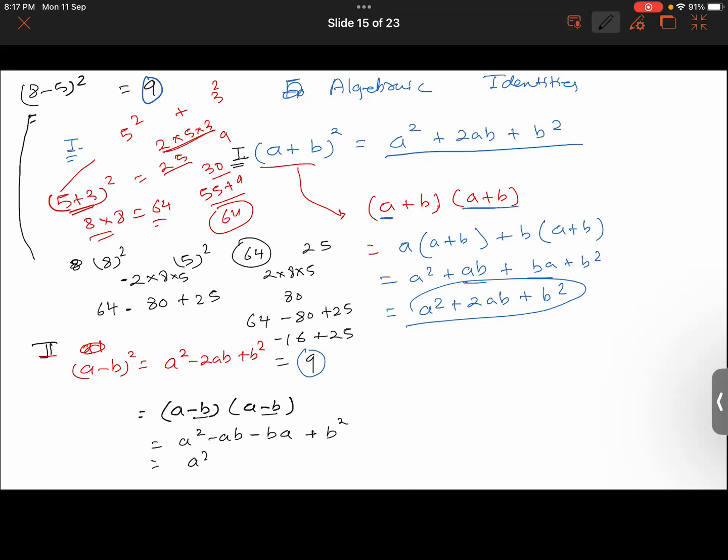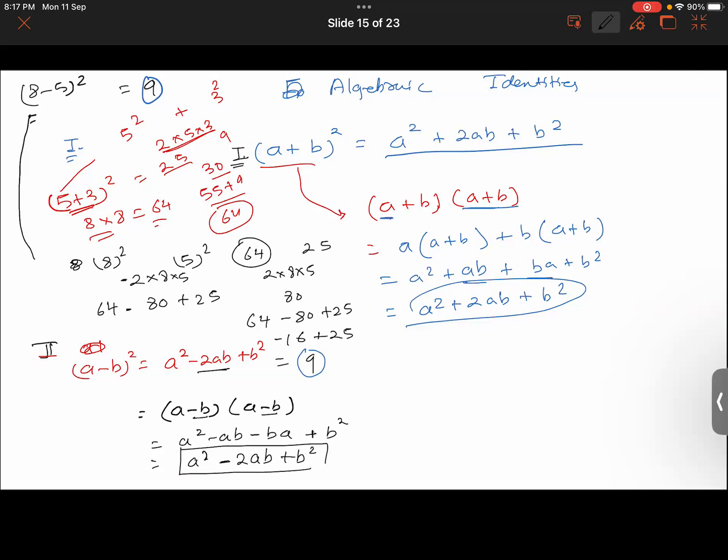So a square minus ab or minus ba, both are same, so you can write it like this: minus 2ab plus b square. Hence it is proved that (a minus b) whole square is equal to a square minus 2ab plus b square. Is that clear?